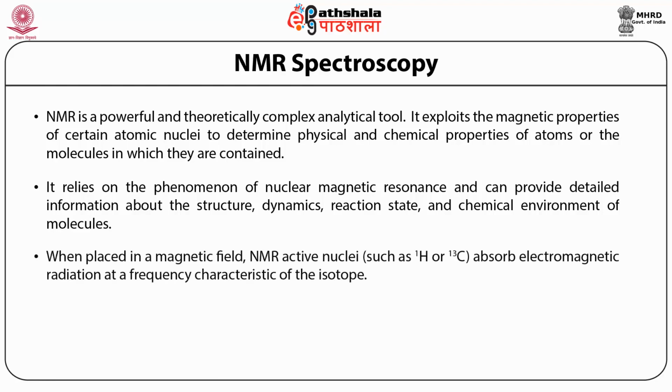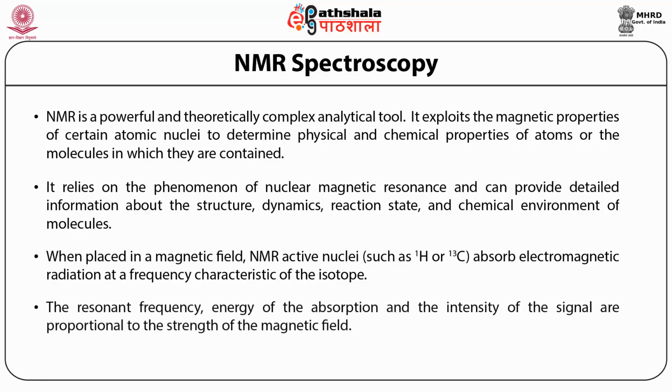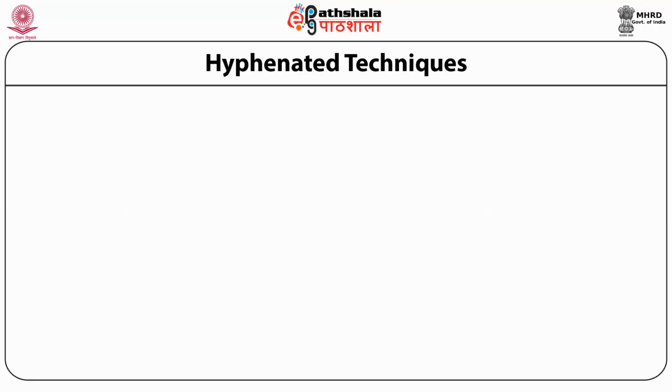When such nuclei, for example H1 or C13, are placed in a magnetic field, they absorb electromagnetic radiation at a frequency characteristic of that isotope. The resonant frequency, energy of the absorption, and intensity of the signal are proportional to the strength of the magnetic field. On the basis of the environment of these nuclei, they provide different spectra, which provide information about the compound and molecules.